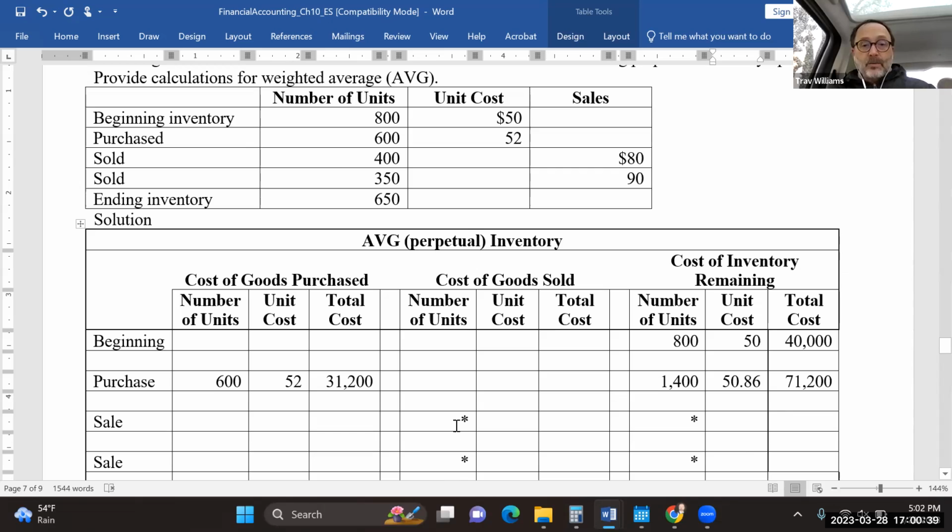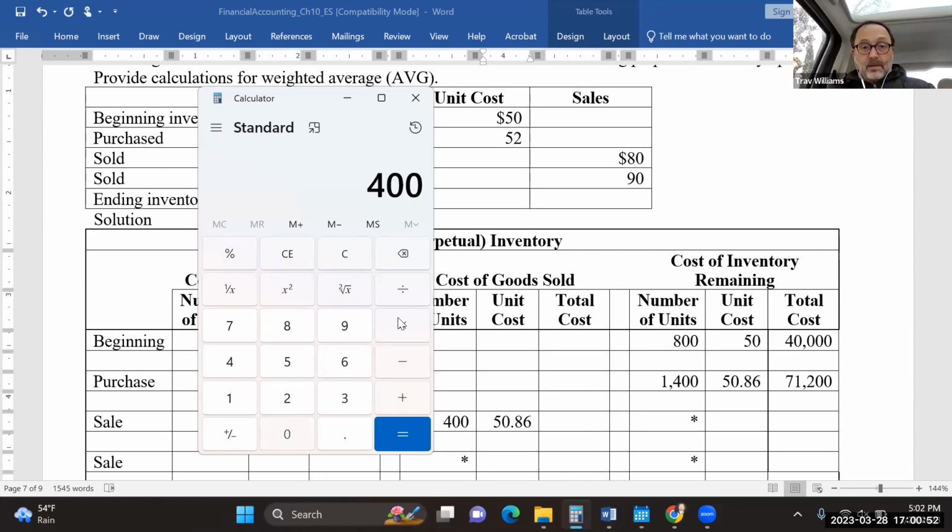We make a sale of 400 units. We use that average cost we just came up with. So 400 units times 50.86 is 20,344.